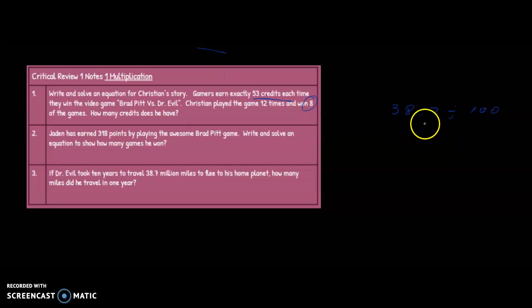Well, then I would just move my decimal point 2 places. 1, 2. So then that tells me I would be traveling 0.387 million miles in 1 year, or in 100 years.